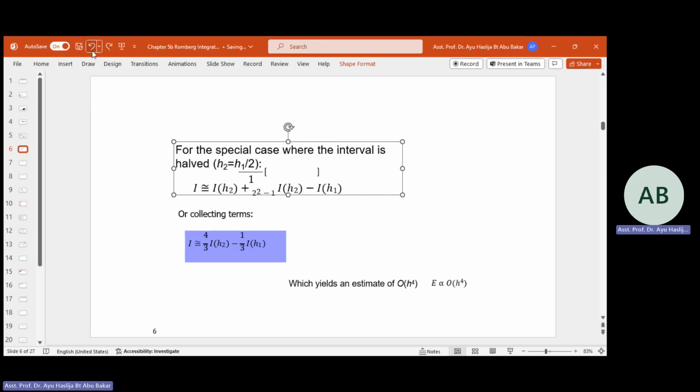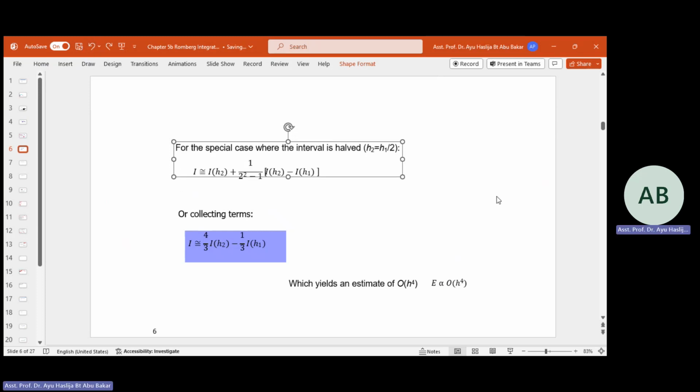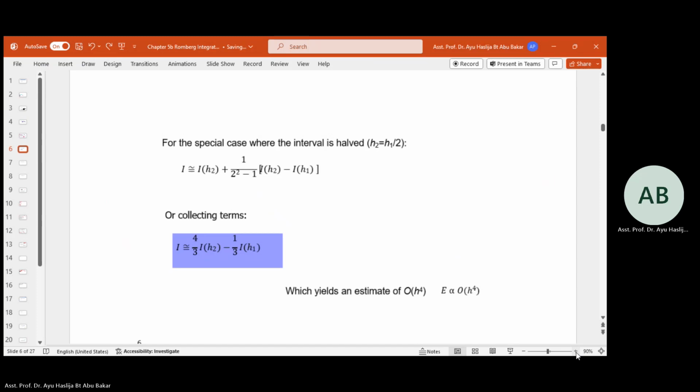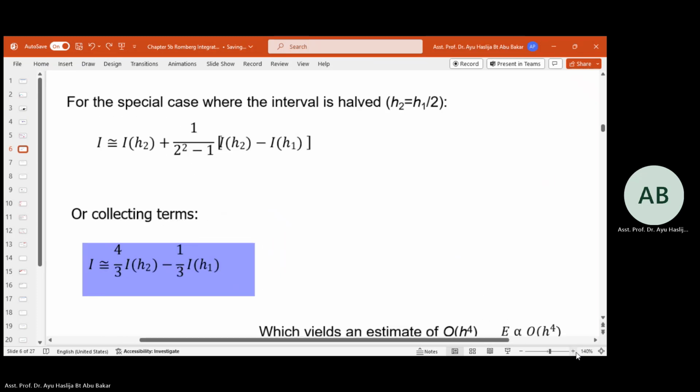Okay, when you have 2 step sizes, here is the integration for step size 2, combined together with the integration when you have step size 1. So they combine both integrations.